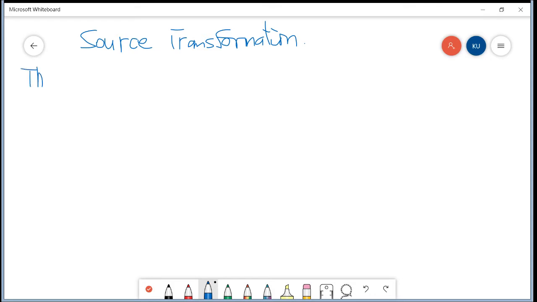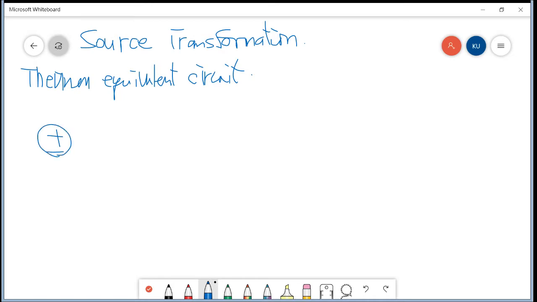One is called the Thevenin equivalent circuit. It will simply look like this: a voltage source Vs in series with a resistor R. So it's so simple like this.